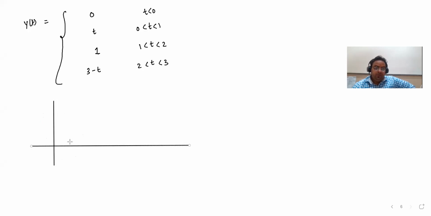This is better. So we have this as the value t, and this is y of t, and we have the points on the time axis, that is 0, 1, 2 and 3.